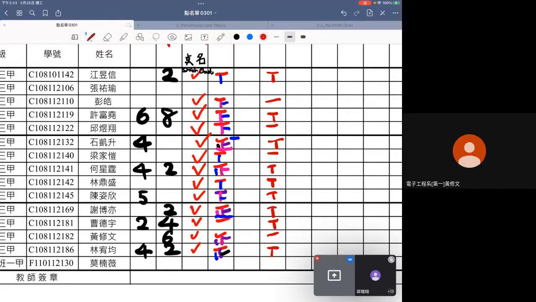Number 3 and 4. Hong Hao, 3 and 4 just separate. You just assume what is the real part and what is the imaginary part, like what I did last week. Basically, this is not very difficult. This is just to remind you what we did last week.